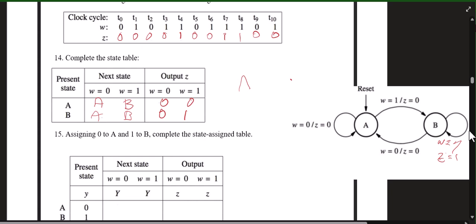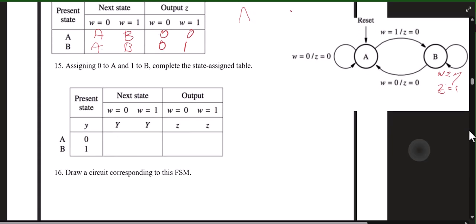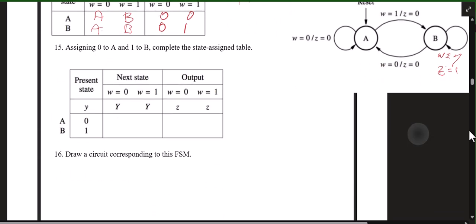Okay, so now what's cool about this is how many states do we have? 2. How many binary digits do you need to represent not the number 2, but 2 different things?